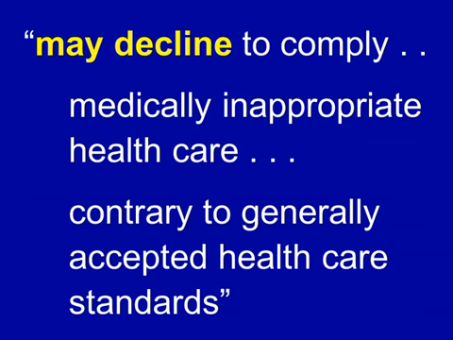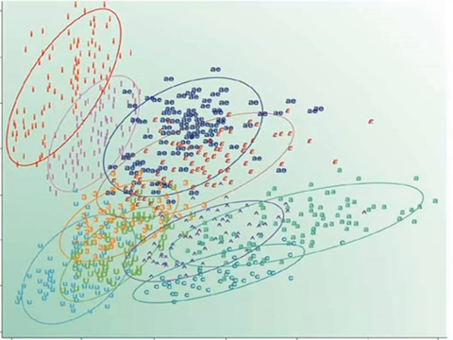But these statutes don't work, because of what was mentioned earlier: there's significant variability, which makes it questionable whether there is any generally accepted health care standard, whether there is a standard of care, and therefore it's not quite clear where the safe harbor is that this statute purports to provide.